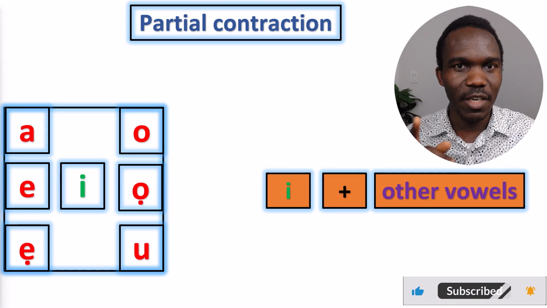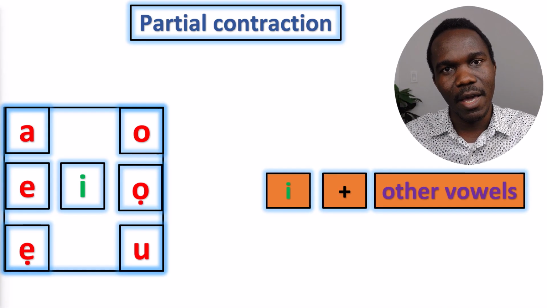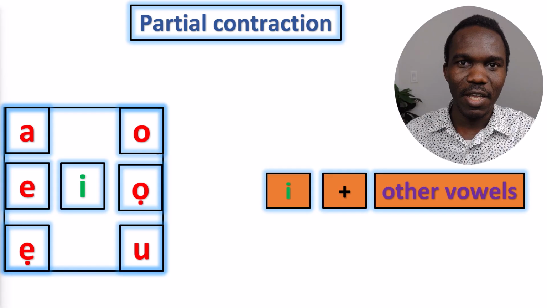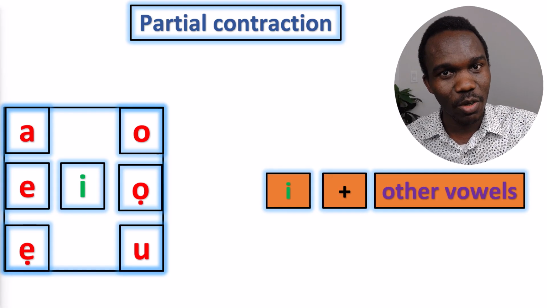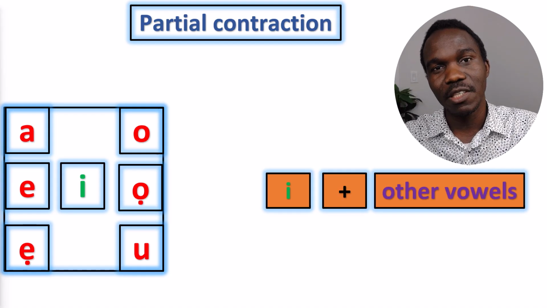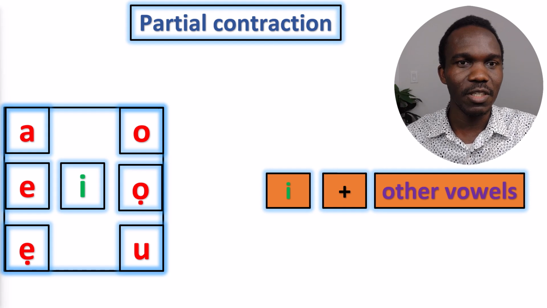So if the E ends, then the beginning vowel will be other vowel. It can be A, E, O, or U, not E again. And the other case could be that the ending vowel is other vowel, and the beginning word begins with E.